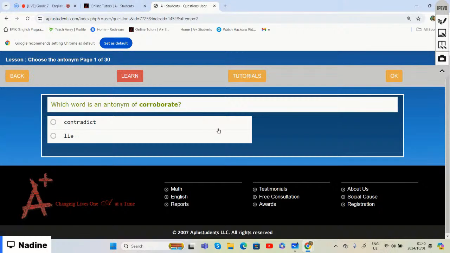All right. Corroborate. What is the opposite of corroborate? Is it contradict or lie?